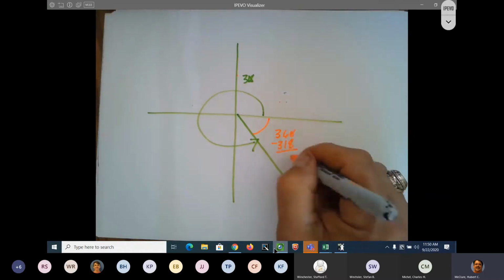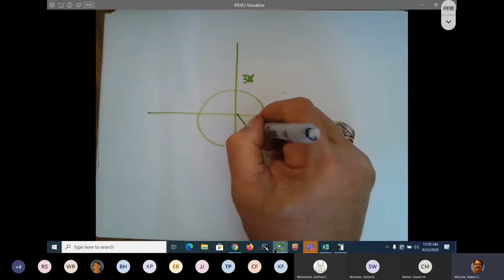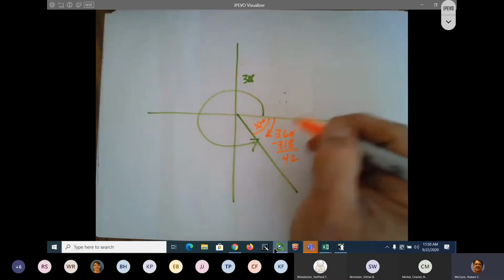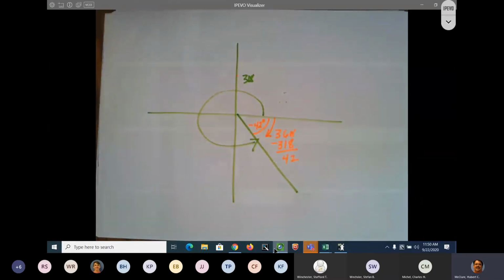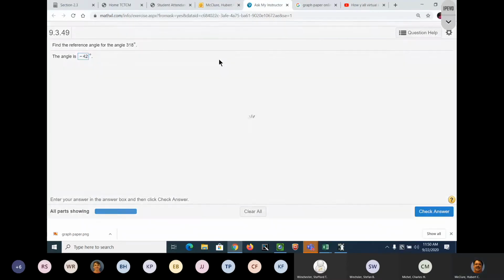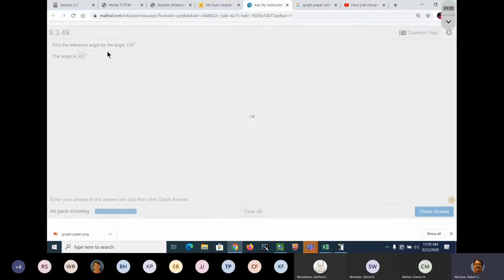That's 42 degrees. And since it's this direction, it might want a negative there. So I get negative 42 degrees. Okay, just write 42. They just want 42.